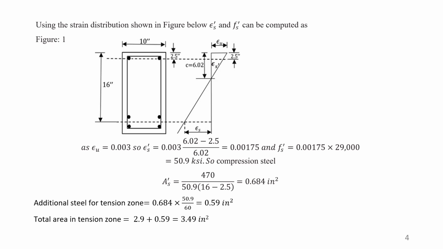We have shown this strain diagram on the right hand side of the figure, and we have also shown the neutral axis depth. Previously, we calculated this neutral axis depth of the beam as 6.02 inch.